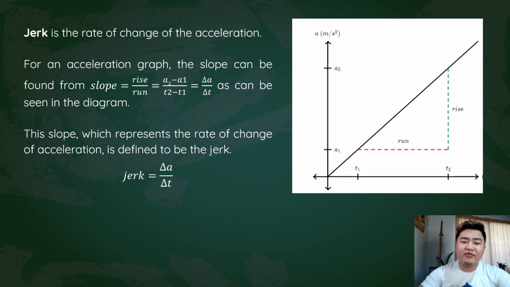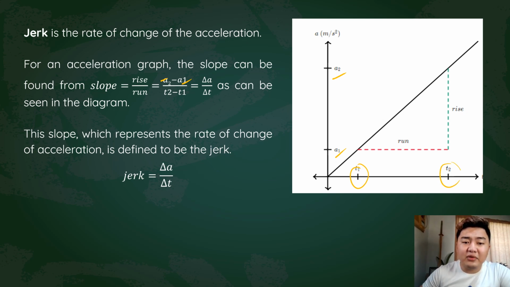For an acceleration graph, the slope can still be calculated with the slope equation, where slope is equal to the rise over run. Since our y-axis is now acceleration, the rise of our graph is with respect to acceleration, which gives us a2 minus a1, or the change in acceleration, divided by our run, which is time. So we have t2 minus t1.